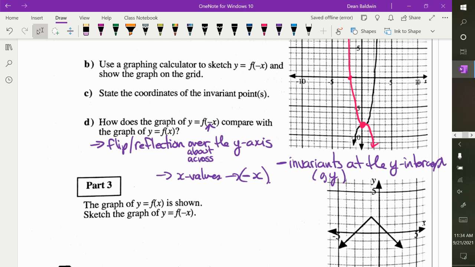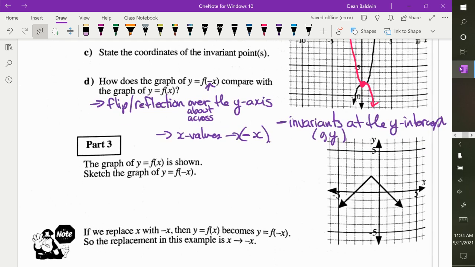Okay. Sketch the graph of this absolute value function if we're doing this. Flip over the y. Please. Ready?